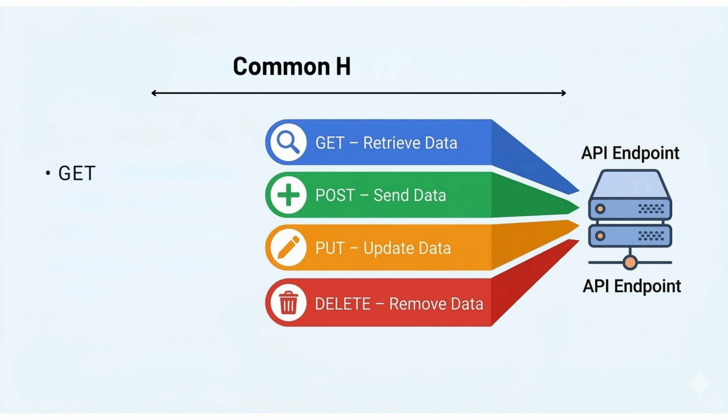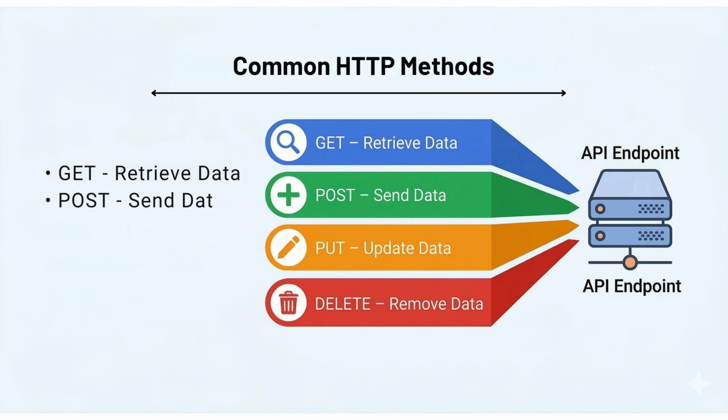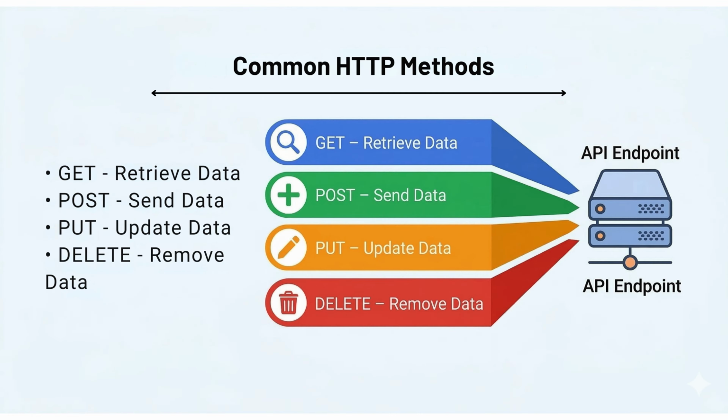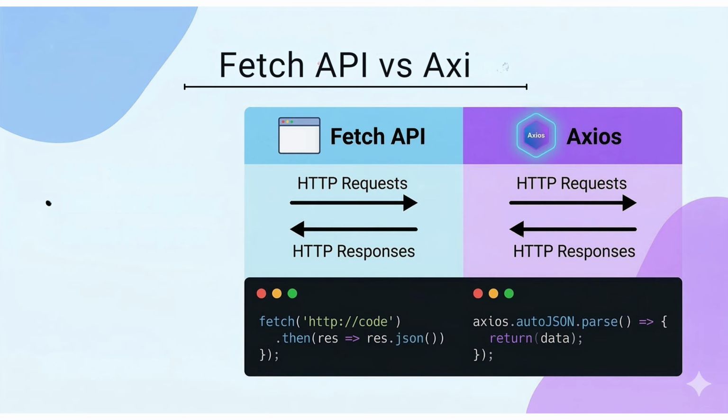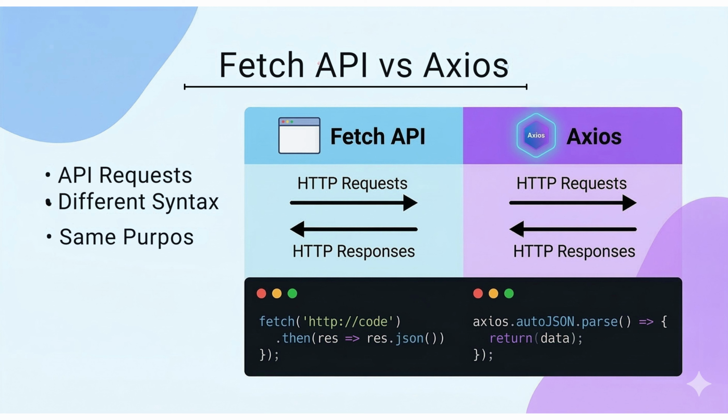With Axios, we can easily send requests like GET, POST, PUT, and DELETE. Many developers prefer Axios because the syntax is cleaner and easier to manage in larger applications. Both Fetch and Axios are widely used and they serve the same purpose, retrieving data from servers.